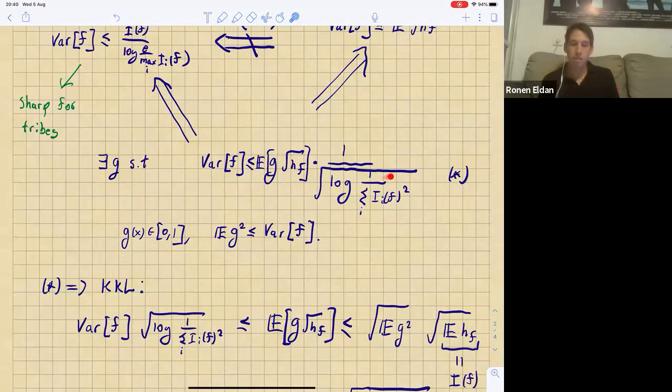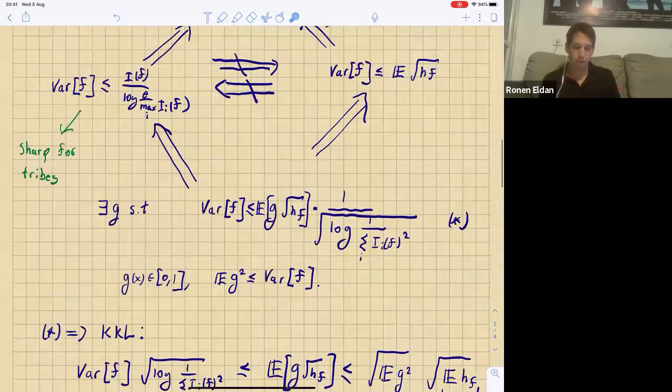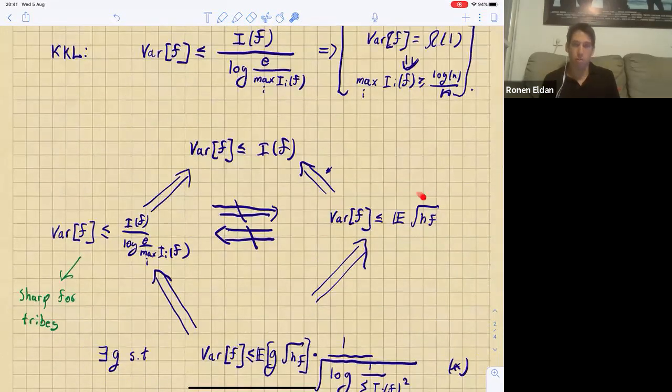So f is noise sensitive if and only if this thing here is little o of 1, in which case you actually get a strengthening of this original inequality. So whenever f is noise sensitive, you get something which is strictly better than what's written here.